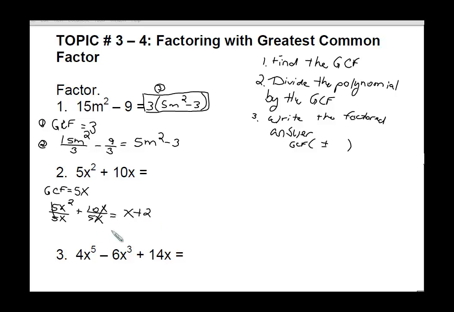And then x divided by x is 1. So for the final answer, you can't forget the greatest common factor. Be sure you put the 5x in front. And then you put what you got when you did your division, x plus 2, in parentheses. And that's your answer.